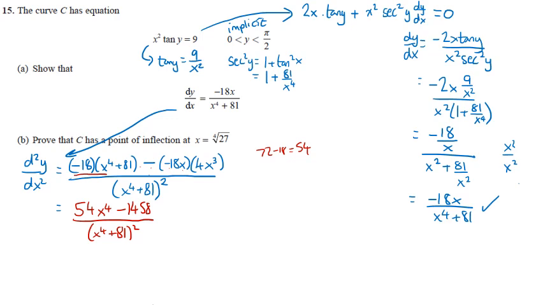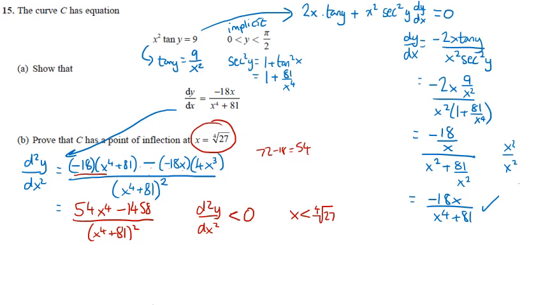Okay, and then all you really need to do then is just substitute in this value. So we find that that is less than 0 when x is less than the fourth root of 27.